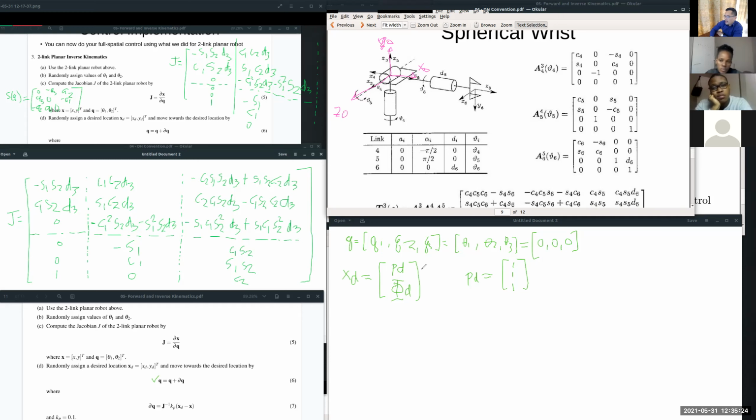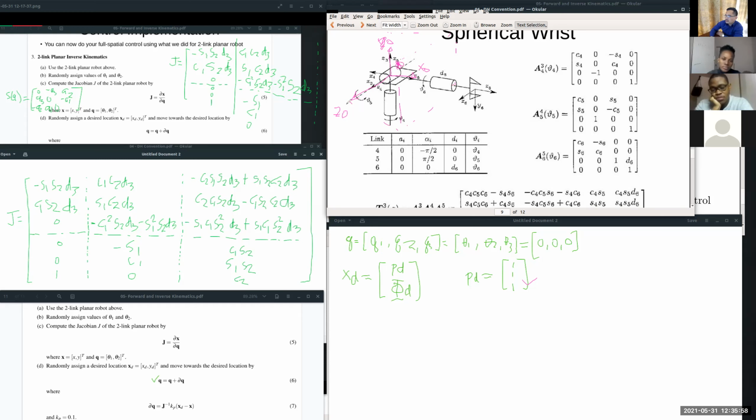If we say our desired value is 1, 1, 1, that is 1 in terms of X, 1 in terms of Y, and 1 in terms of Z. So your end effector will be somewhere here.